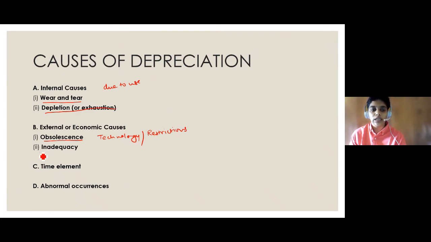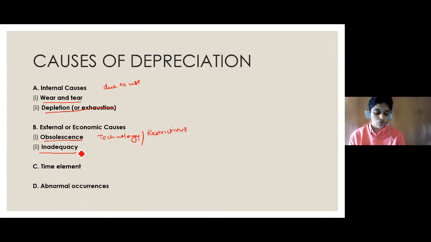And then there is inadequacy. So inadequacy is the opposite of obsolescence in a way. In obsolescence, we've considered that there are restrictions and the demand has changed drastically. That means negatively the demand has changed and there is no demand for your particular product. Hence, you need to let go of your asset that produces the particular product.